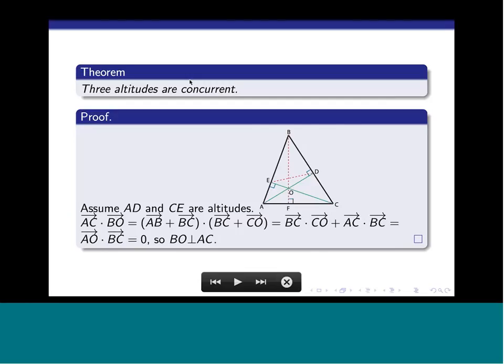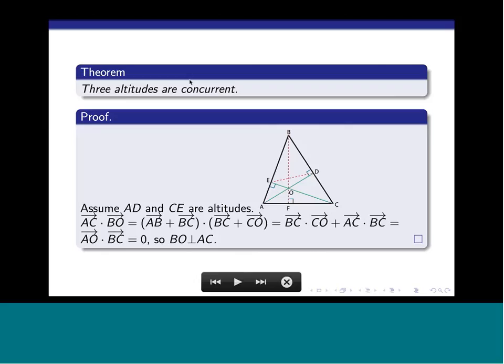Then using that AB is perpendicular to CO, so AB dot CO is 0. Then you put AB plus BC back, get AC again, AC dot BO.